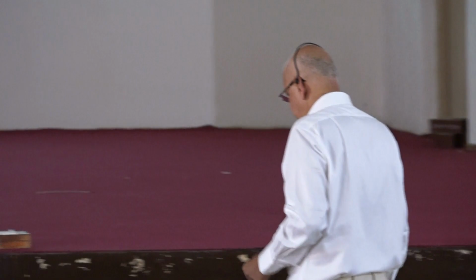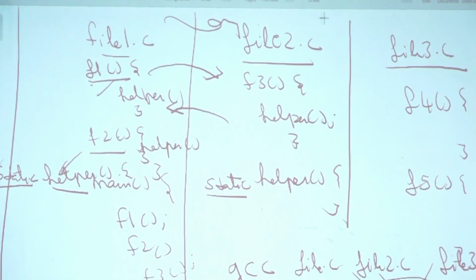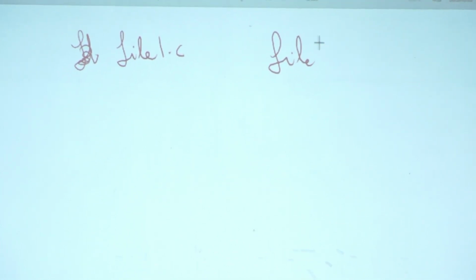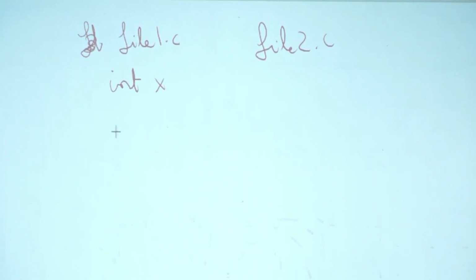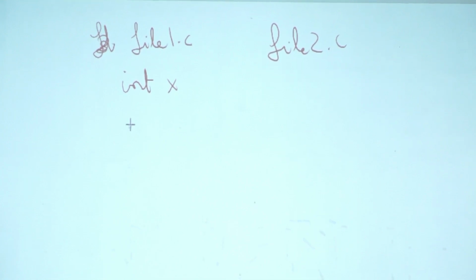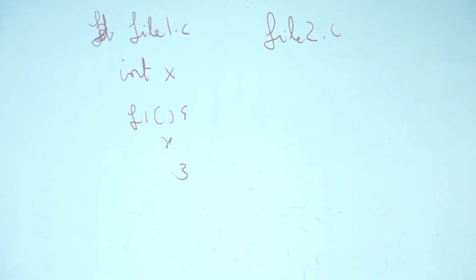It's a similar usage, but let me just demonstrate it, because I think this is a good point to demonstrate. So this is file1.c, this is file2.c, and let's say I have created a global variable here called int x, and then I have written a function here, f1, which uses that x equal to 10.